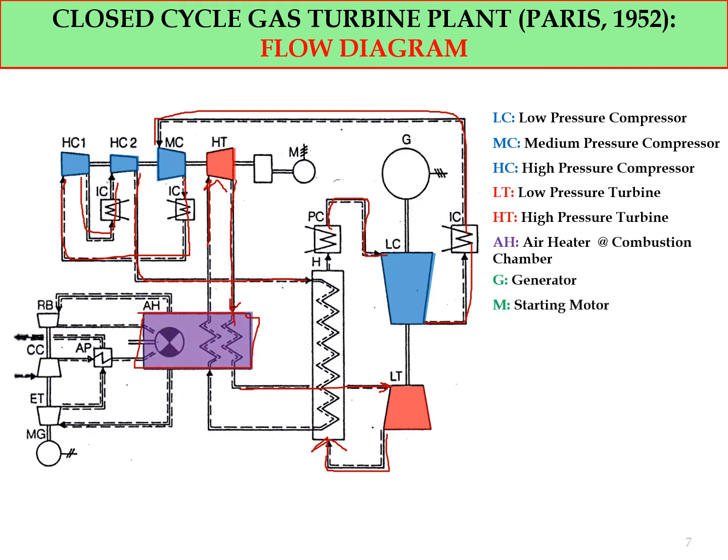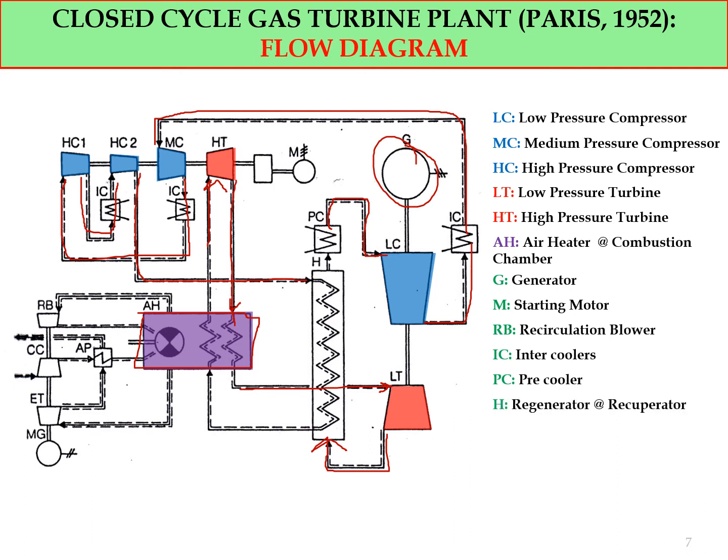And the generator and starting motor. So this is the generator, and M is the starting motor, recirculation blower, intercooler, pre-cooler, regenerator, recuperator, air preheater, charging blower, and exhaust gas turbine, ET. MG, motor generator.